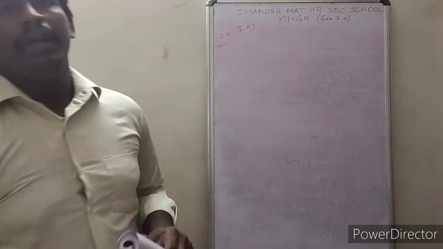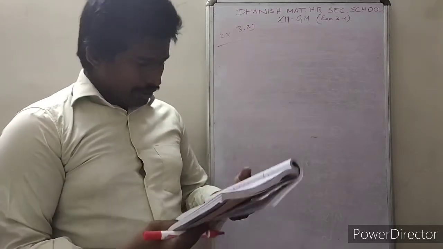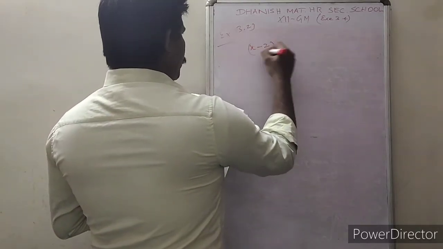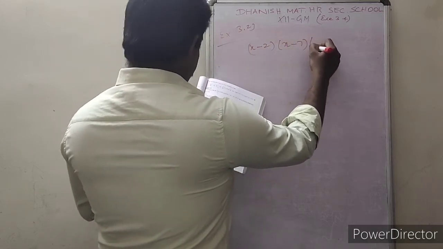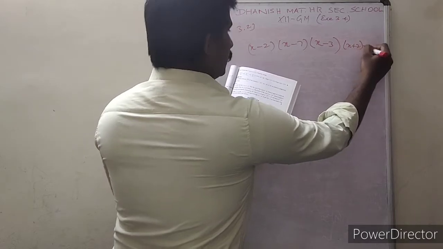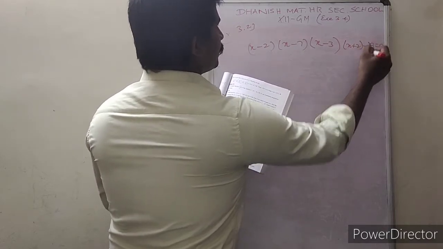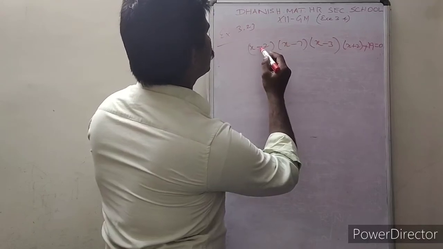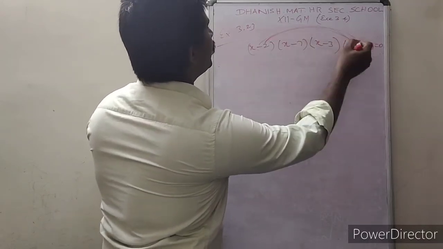Now we are going to do example 3.23. Solve the equation (x minus 2)(x minus 7)(x minus 3)(x plus 2) plus 19 equal to 0. Now I'm going to interchange these two.